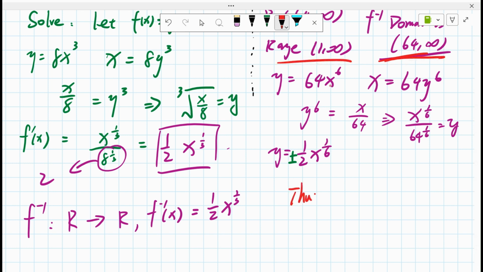So that's function f to the -1 from 64 to infinity. You have to show the domain and the range, and f to the -1 of x equals half x to the power of 1/6.